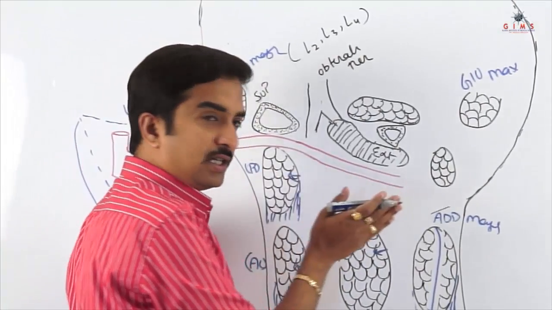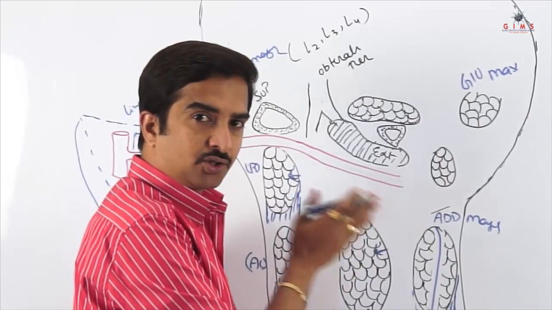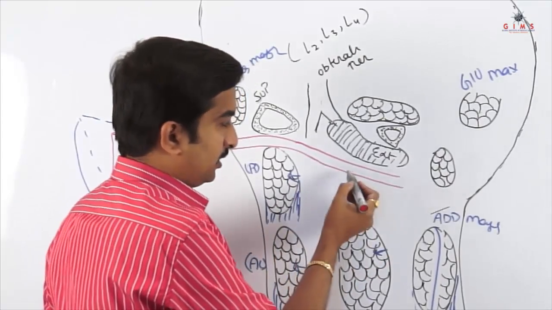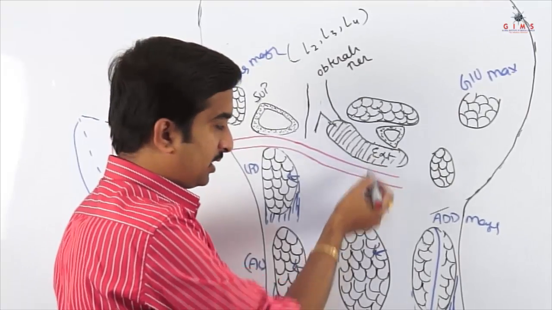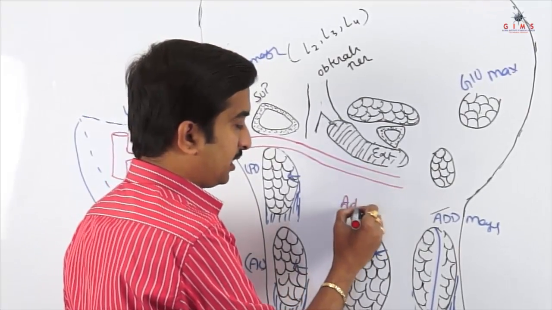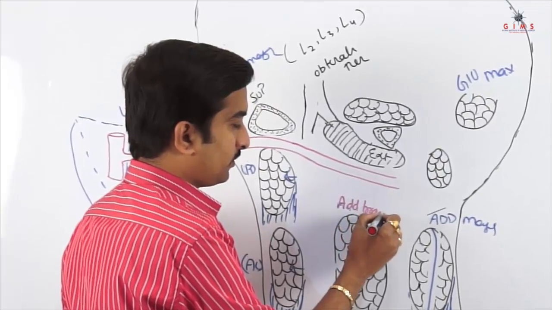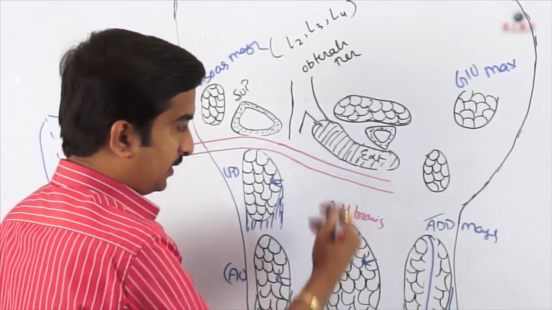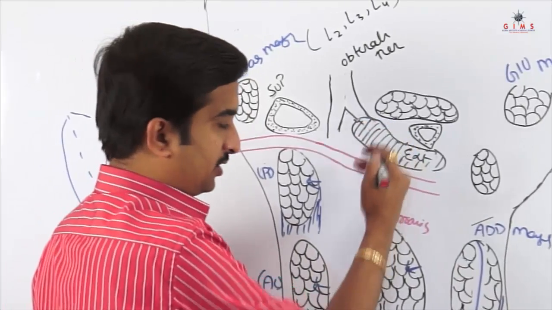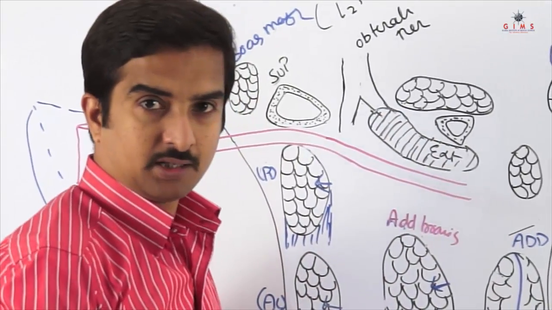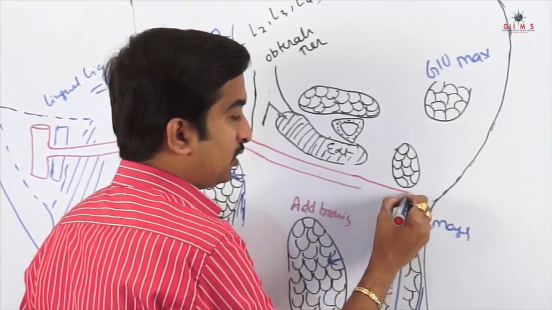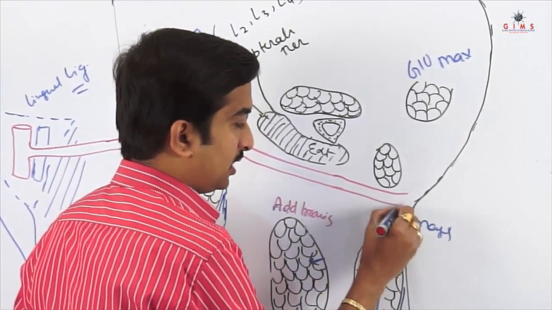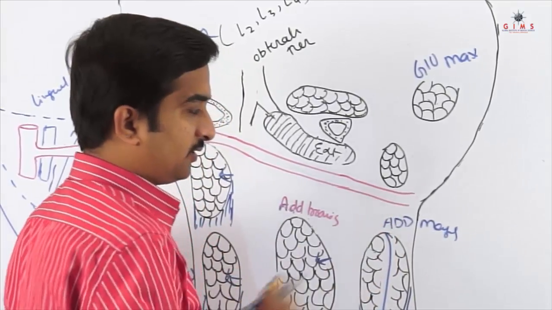While it is continuing its course towards the gluteal region, the artery runs between, what is this? Obturator externus, and this is the adductor brevis. The artery runs between the obturator externus and the adductor brevis. And finally, the artery reaches the gluteal region.